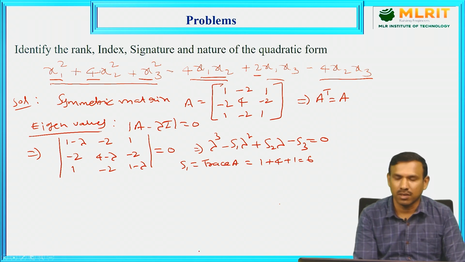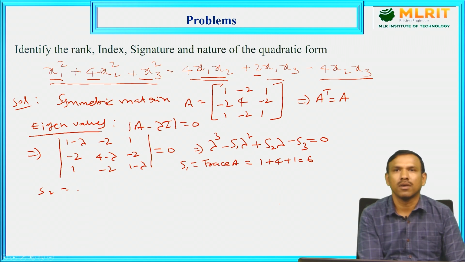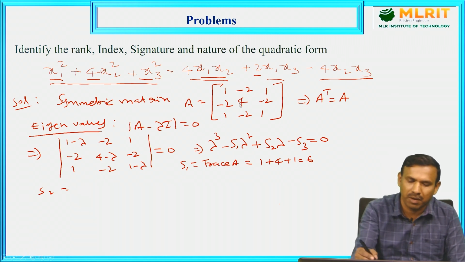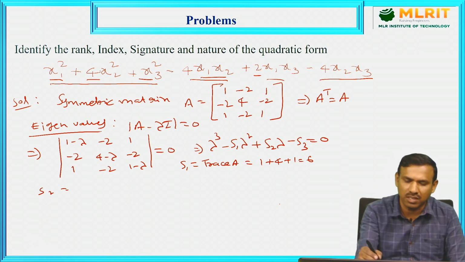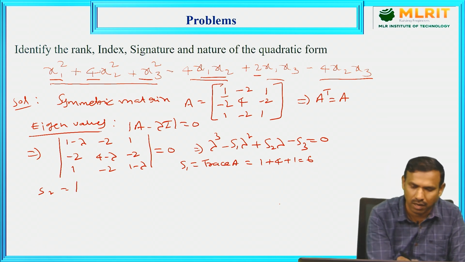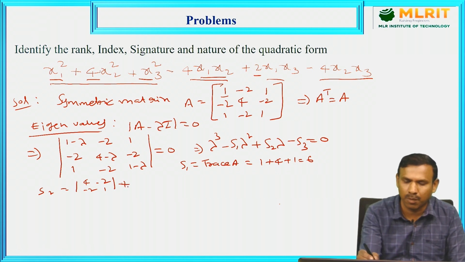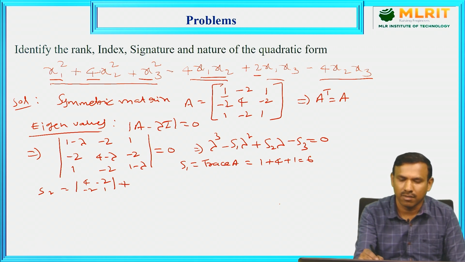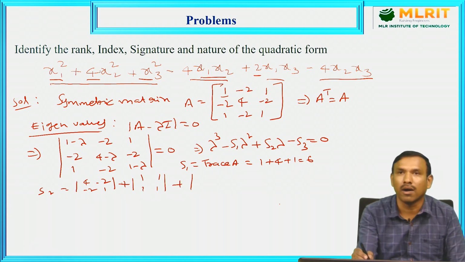Right? Next, S2. S2 is the sum of the cofactors, the minors of the principal diagonal elements, each of the form AD minus BC. First principal diagonal element is 1. Leave that row and column, the remaining determinant is 4, minus 2, minus 2, 1. Next, plus the second principal diagonal element 4. Leave its row and column, the remaining is 1, 1, 1, 1. Plus the third element 1.